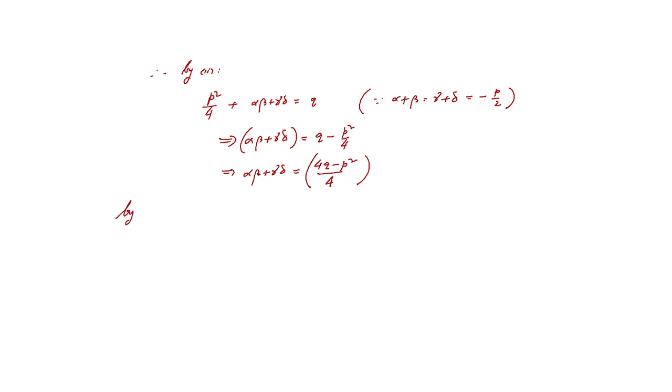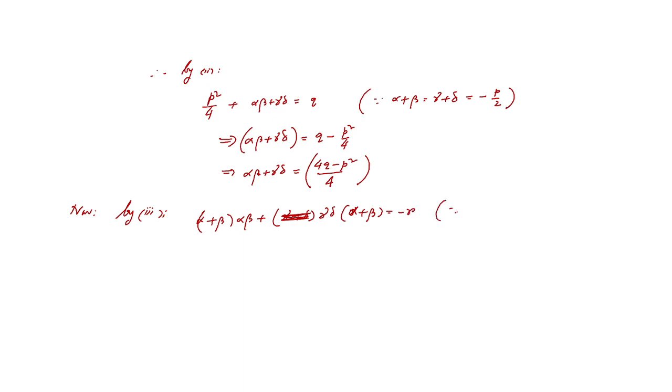So now by 3, what will we write? We have alpha plus beta into alpha beta plus gamma plus delta into gamma delta, that is gamma delta into alpha plus beta, this is equals to minus r.